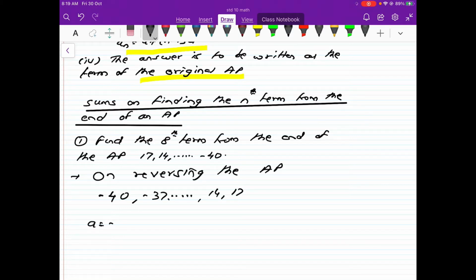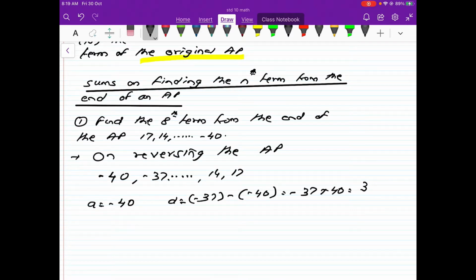Now we will find all the details for this. A, the first term, is minus 40. What is d? This is the second term minus the first term, so minus 37 plus 40 means d is equal to 3. Now we simply have to find the 8th term from the beginning, because we have simply reversed the AP.